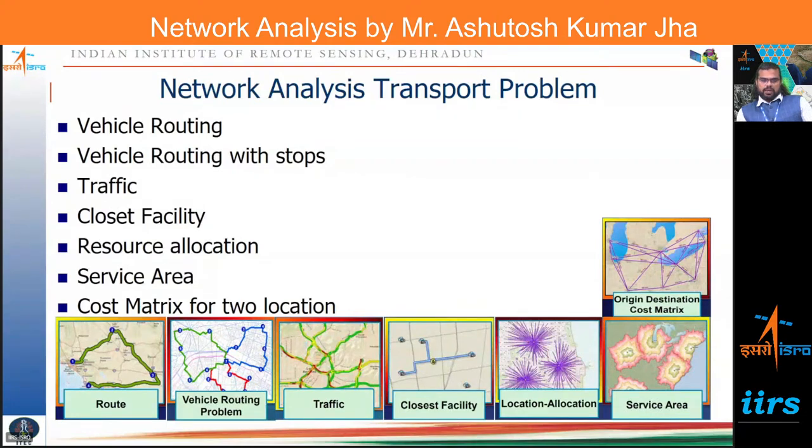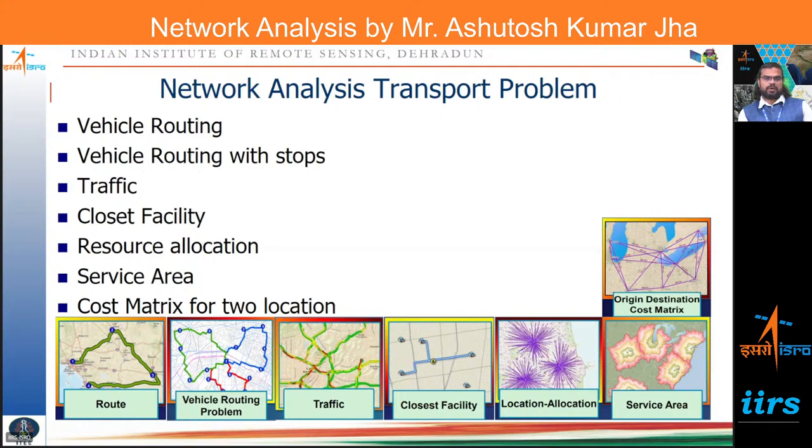Whenever we deal with networks in transportation systems, we require multiple services from the network analysis component of GIS. The best example is the vehicle route, which we are used to using in our daily life. Apart from that, there are a few modifications of those. For example, you may be interested in going from one place to another, but in between you would like to have stops.